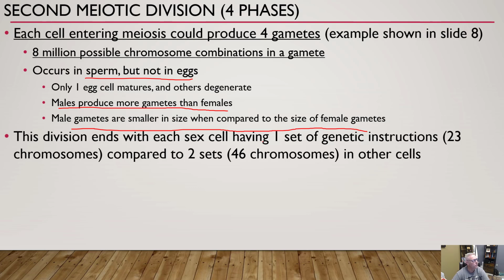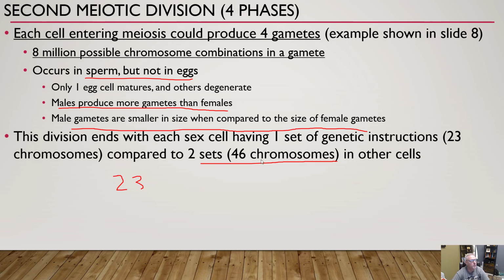And as we've said before, this division ends with sex cells having one set of genetic instructions. We're going to have 23 chromosomes compared to the 2 sets in other cells. We have 23 chromosomes in the sperm and 23 chromosomes in the egg, so that when sperm and egg unite, we get the 2 sets, or 46 chromosomes, for the offspring.